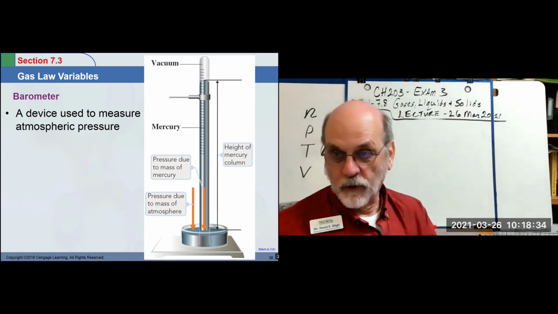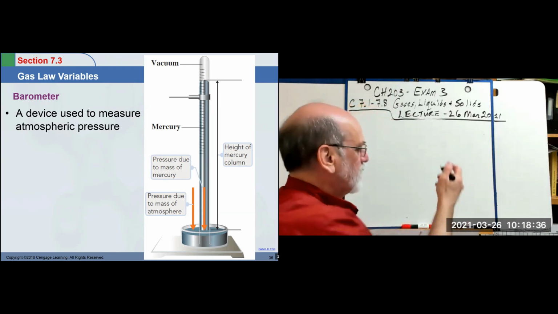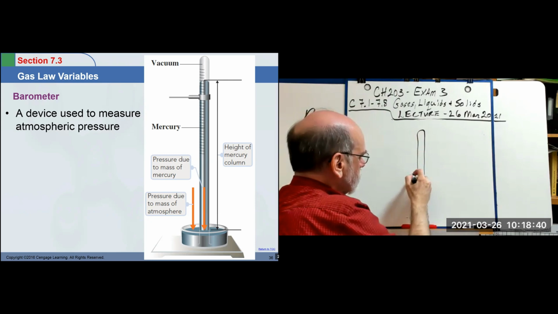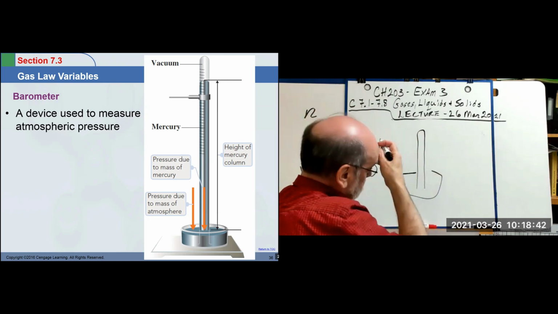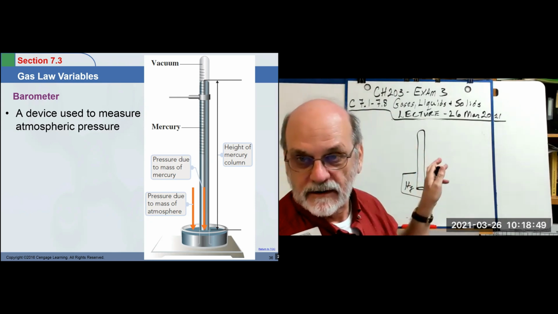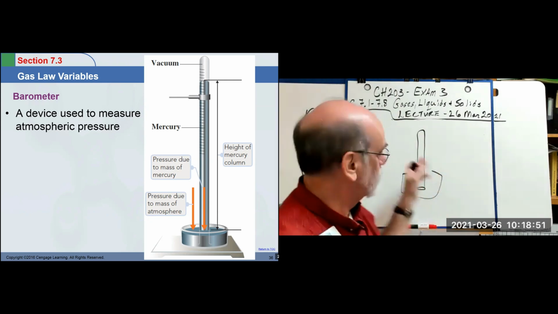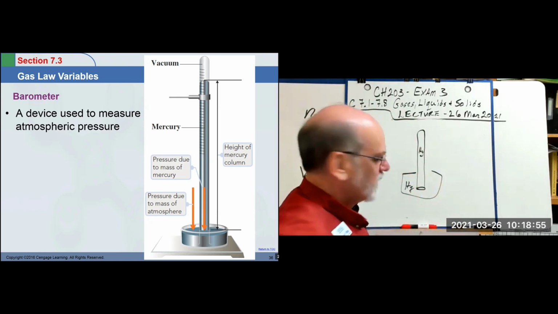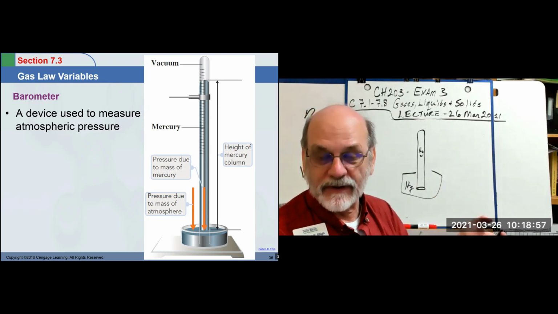Now, before anything happens, that tube in mercury, right, is filled, right? So it filled to the top with mercury. When he turned his thumb loose, what happened?